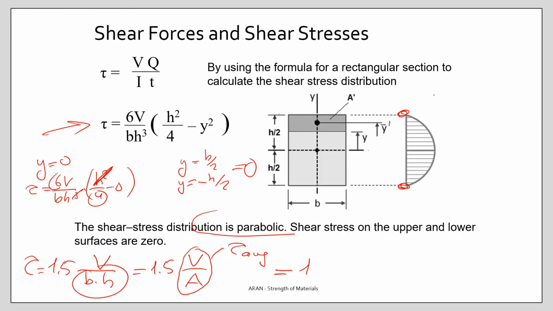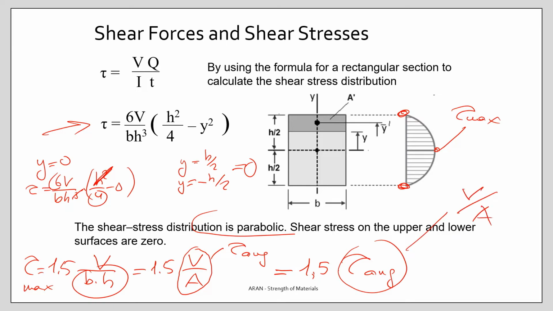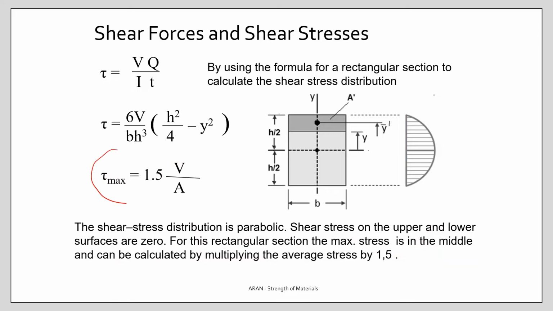So the result is, for a rectangular section, the maximum tau value is in the middle, tau max, and it is 1.5 times the tau average, which you can find by taking the shear force and dividing it by the area. So you see here this written as a clear result. Average shear stress times 1.5 is the maximum shear stress for a rectangular section.